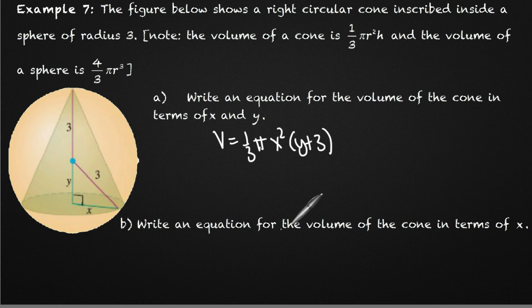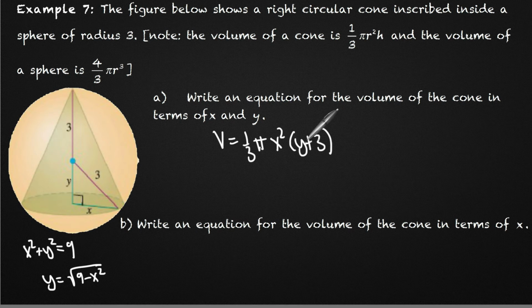So now part B, we're going to write the equation of the volume of the cone only in terms of x. So that means we need some equation that relates x with y. Well, we have a nice convenient right triangle here, so we're going to do the Pythagorean theorem. So we'll say x squared plus y squared equals 9. And so y will be equal to the square root of 9 minus x squared.